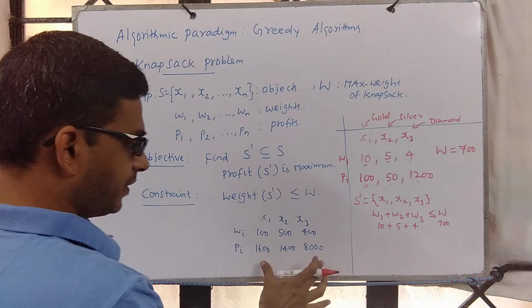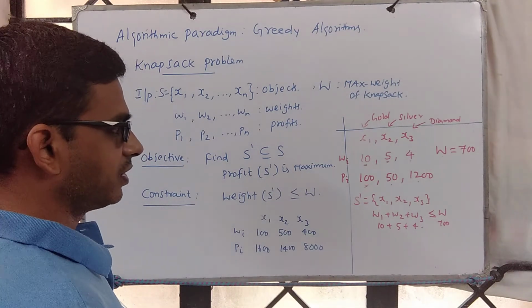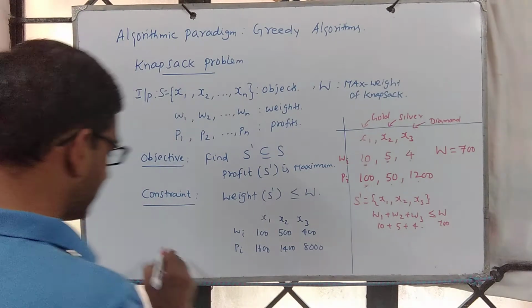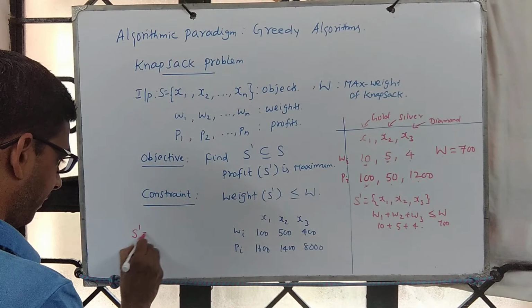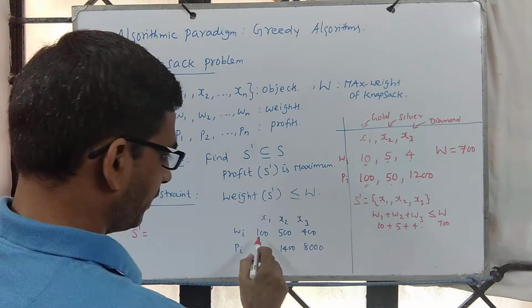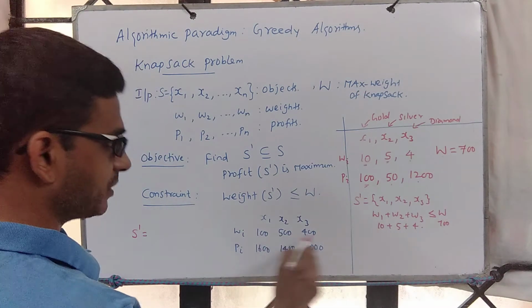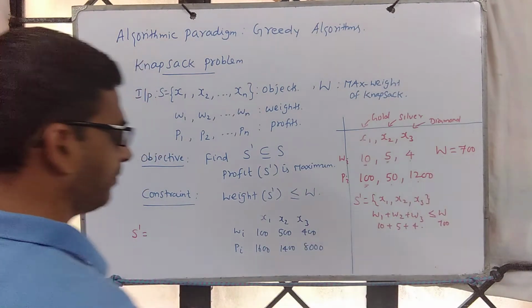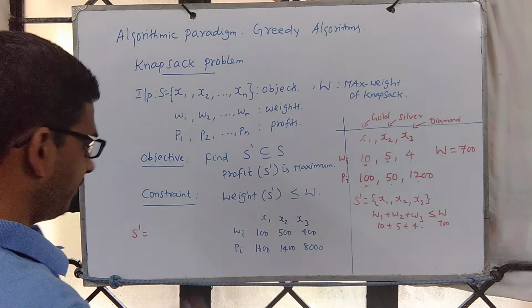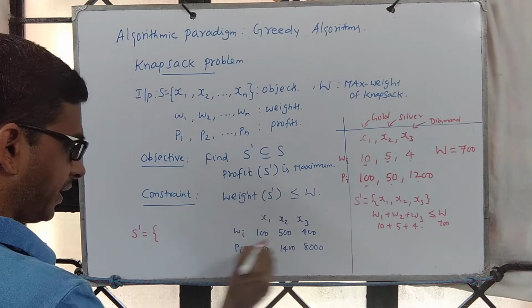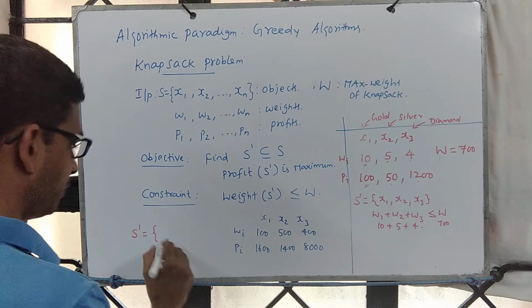Now, this being the case, we ask what is our S prime? Now we cannot include all of them. If you include all of them, then 5 plus 4 plus 1, it becomes 1000. It exceeds the capacity of the bag. Now I have to choose. Can I choose say x2 and x3?